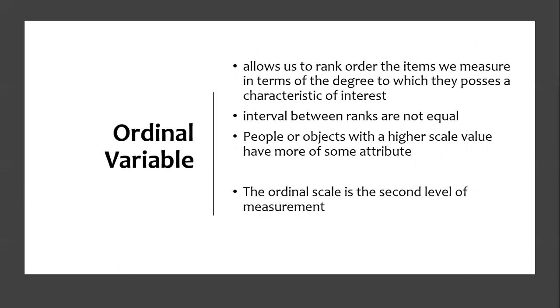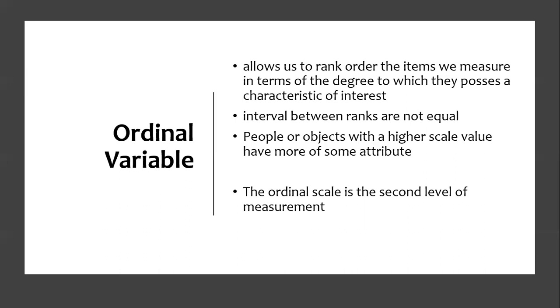You will get what we mean when I give you some examples and explain further. So people or objects with a higher scale value have more of some attribute. So the ordinal scale is the second level of measurement. I mentioned that the first level is nominal, the second level is ordinal.